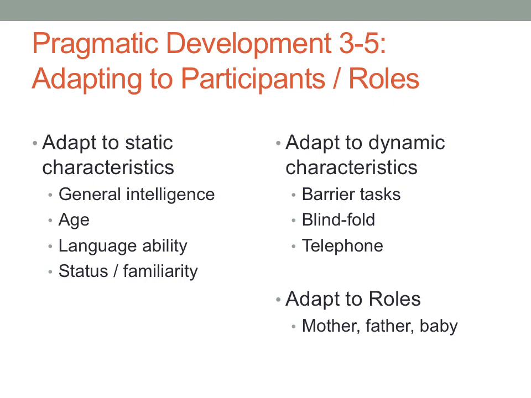So they will adapt to static characteristics like general intelligence. We know that children talk differently to babies, right? When you hear a 3-year-old or a 4 or a 5-year-old talk to an infant, a baby, or a 1-year-old, they speak differently, right? They know that they need to simplify their language.